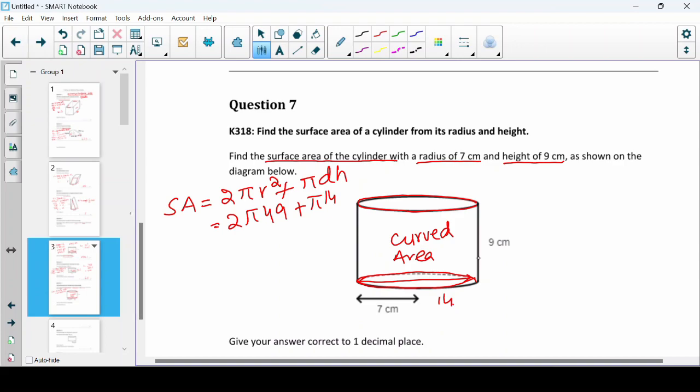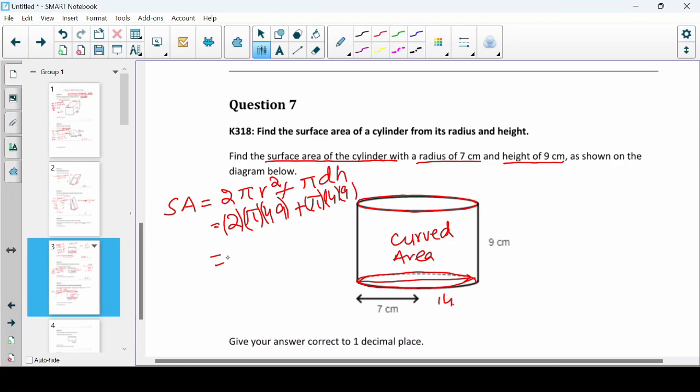So we can just simply solve all this. 2 times pi times 49 and then we add pi times 14 times 9.